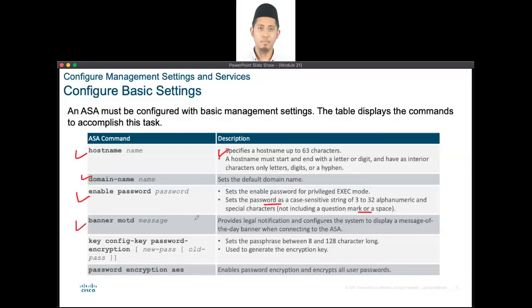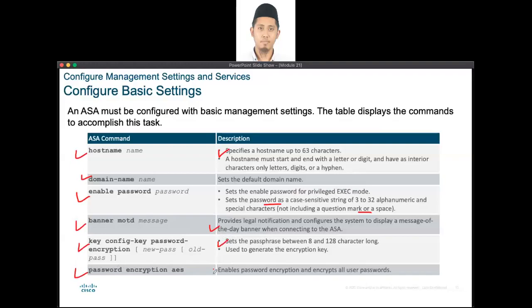Next, banner MOTD message. Provide a legal notification and configure the system to display a message-of-the-day banner when connecting to the ASA. And for key config-key password-encryption, set the passphrase between 8 and 128 characters long, used to generate the encryption key.